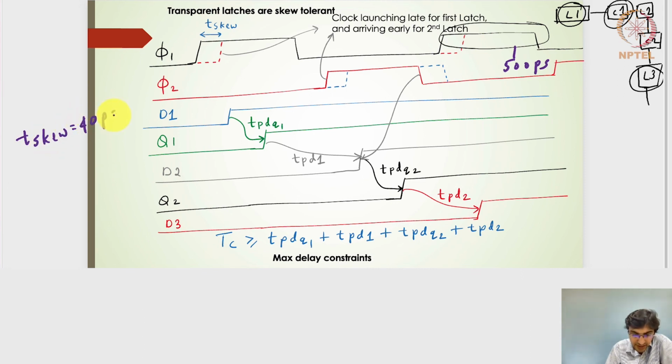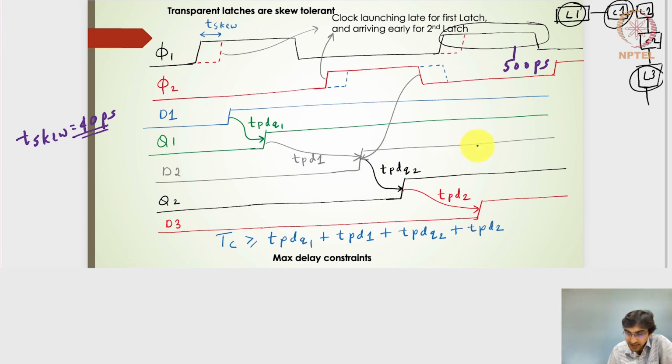Even if there is a skew effect, and the D1 signal arrives during the clock level high, the skew, which is less than 1/10 of the 500 picoseconds, will not have much of an effect. So even if the D1 signal arrives after the late clock, Q1 will easily be captured. There won't be any effect whether the skew is there or not.